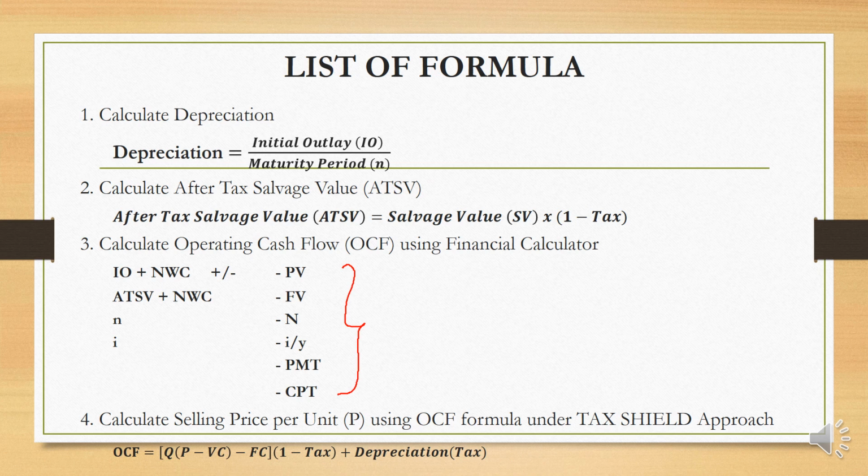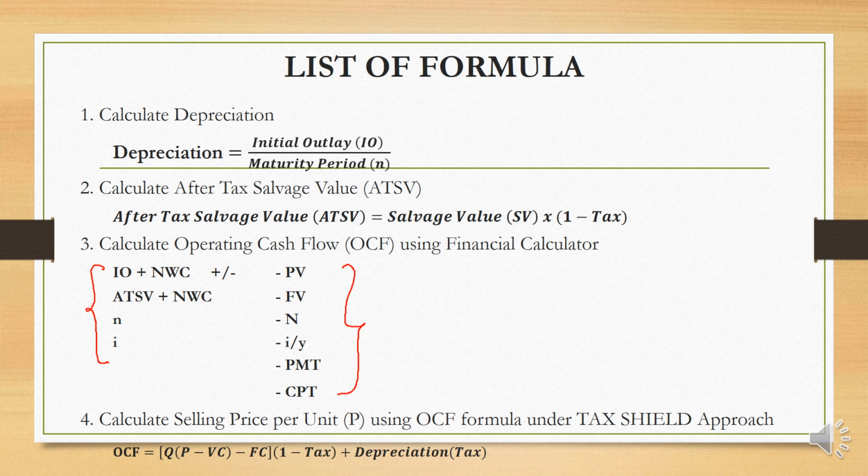Based on this command of the financial calculator, here is the information that you need to know before we can calculate by using the financial calculator. So the information that you should know: PV must equal the initial outlay, which is IO, plus net working capital, which is NWC.